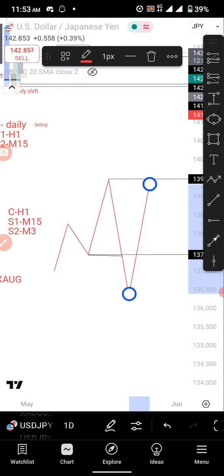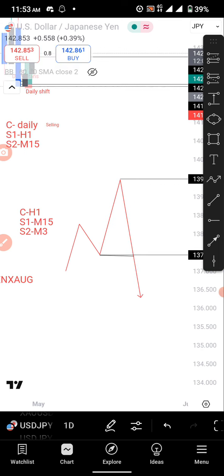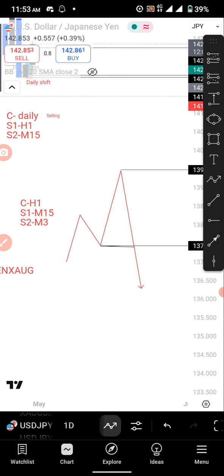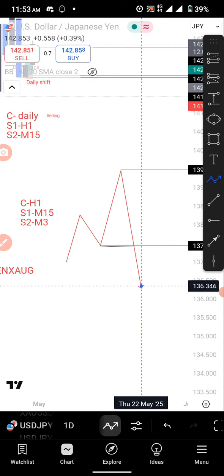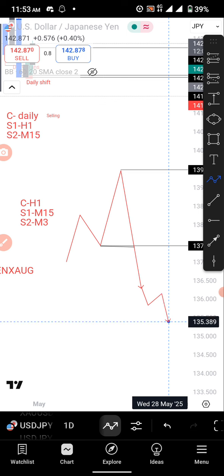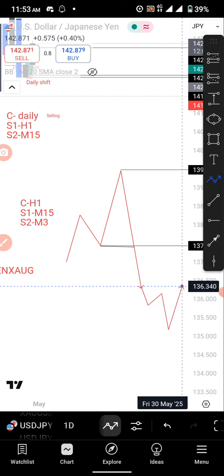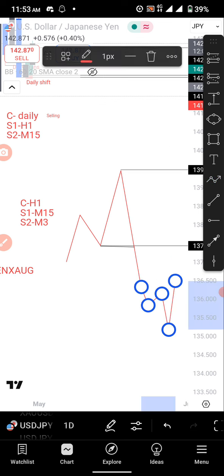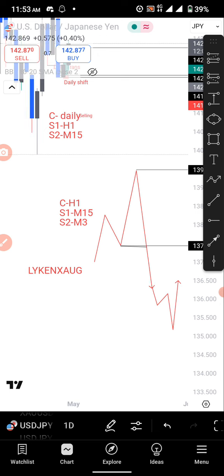Let us see. So the daily is selling, meaning that now if you see that daily is selling, you have to see now that H1 has also shifted.